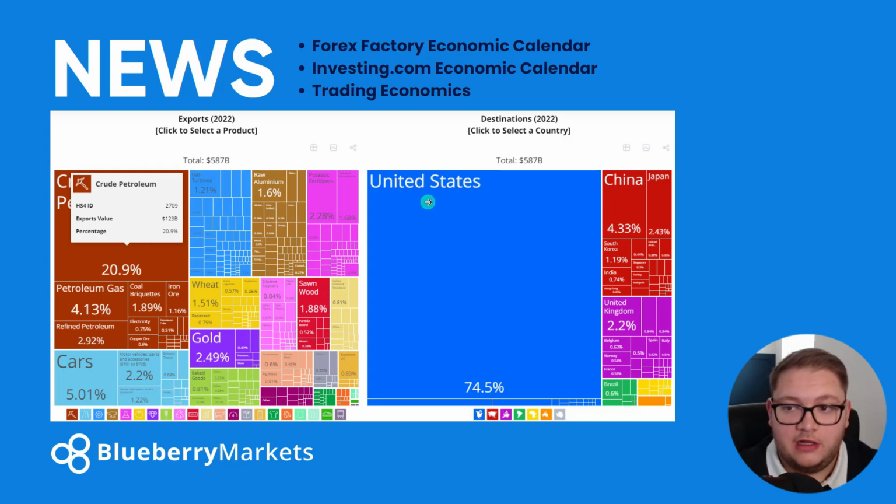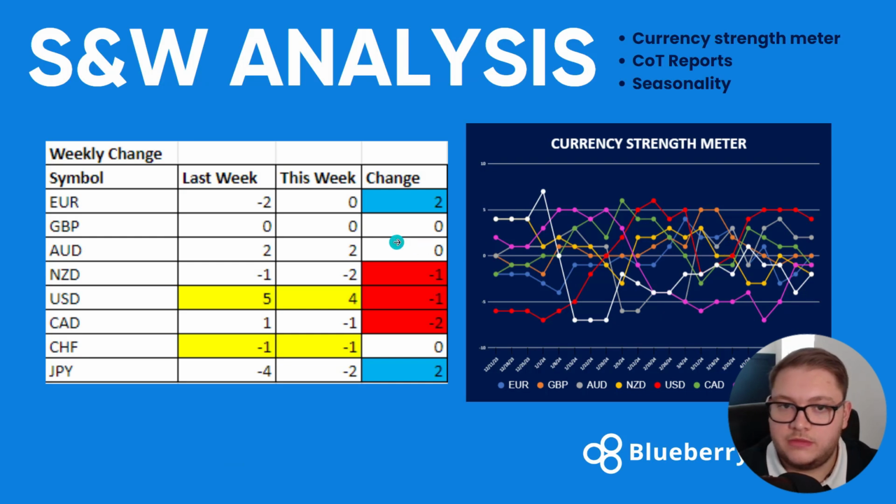Obviously that makes a lot of sense because they share a border, so it makes sense that they do a lot of trade with the United States, but it makes up 20.9% of their total exports. So oil prices play a big part, and that's where the correlation comes in.